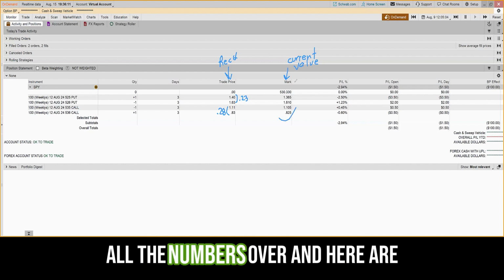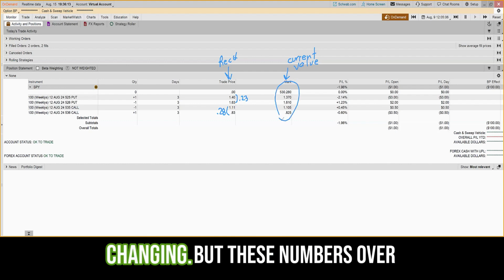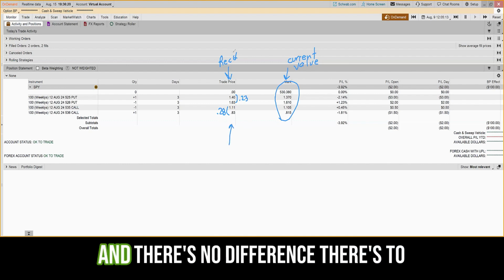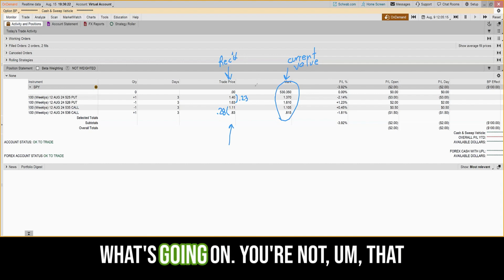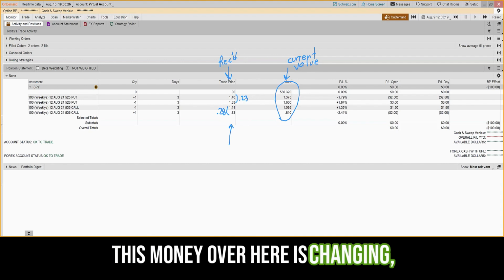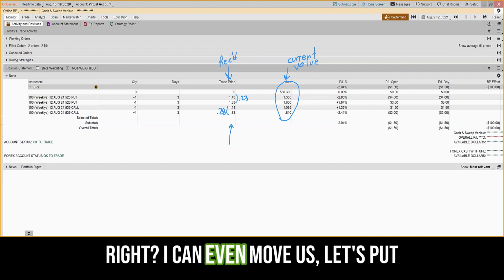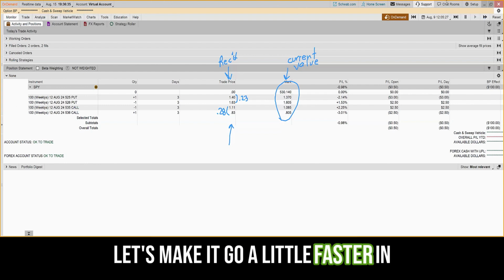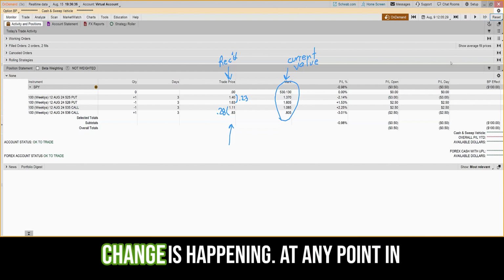All the numbers over in here are changing, but these numbers over here are not, because you already received that money and there's no difference there as to what's going on. These aren't changing, but this money over here is changing, right? Let's make us go a little faster in time so that way you can see the changes happening.